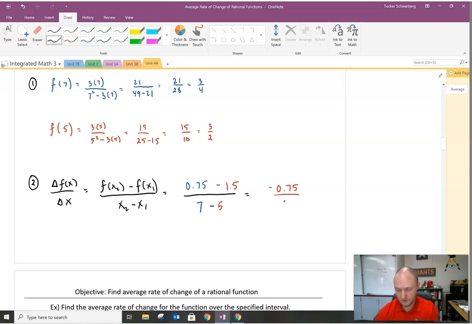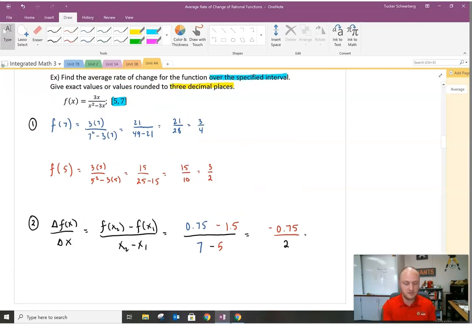over 2. So I'm going to use a calculator, and notice they say round it to 3 decimal places. So negative 0.75 divided by 2, and we get negative 0.375.